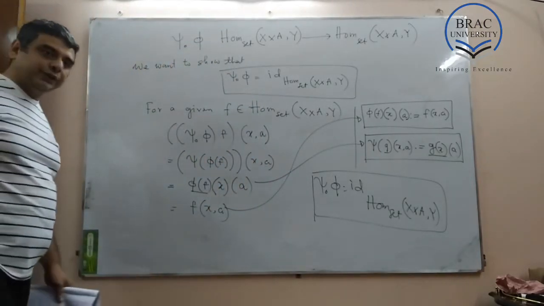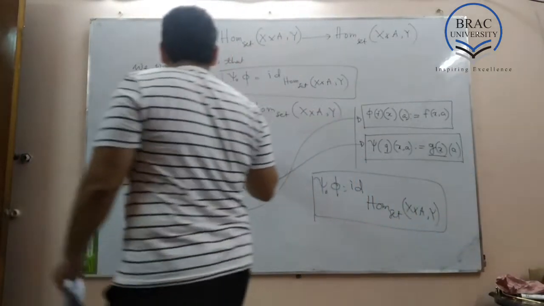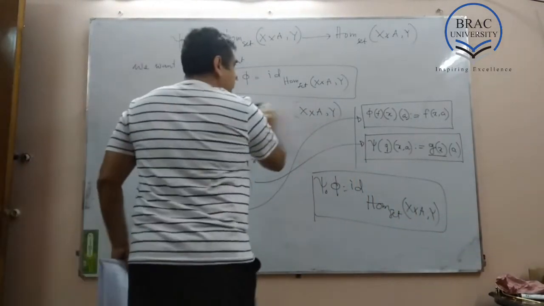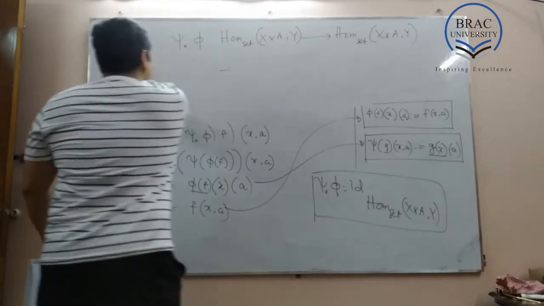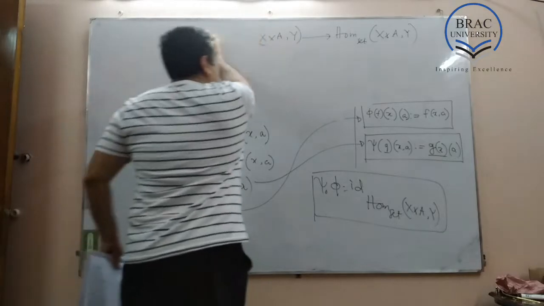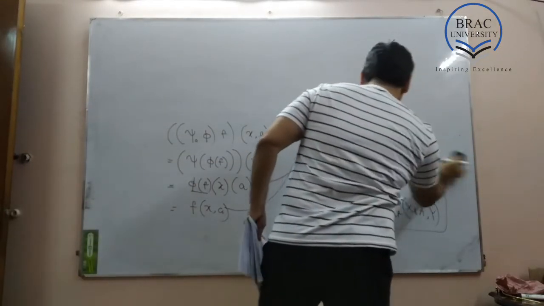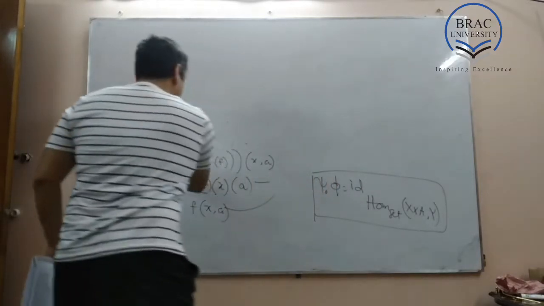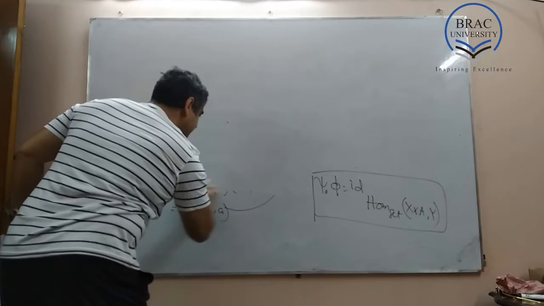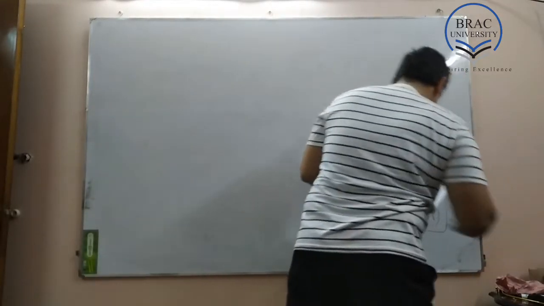So these are good definitions, but we are yet to check the second part of the proof, that this is indeed an inverse. Okay, let's work that out. I needed the definition, I erased it. Secondly, let me write down the first definition again.